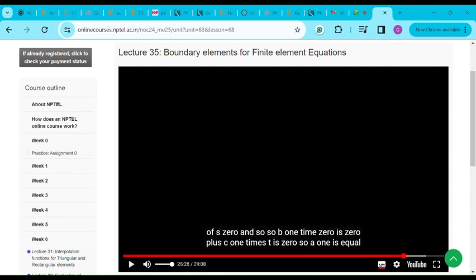Integrating this from 1 to 0, two times 1/4 times 1/2 times Q0 is equal to Q0 by 2.